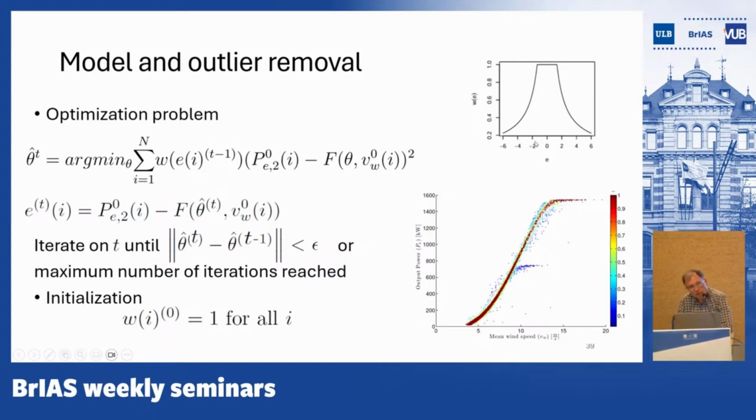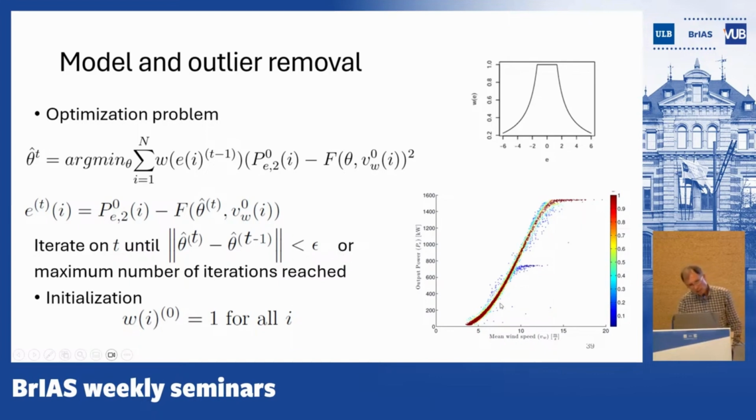So when the error is above a certain threshold, the corresponding data in the optimization problem is weighted less. And we iterate the determination of the parameters, so the solution of this optimization problem, until there is a small difference between 2 successive iterations.